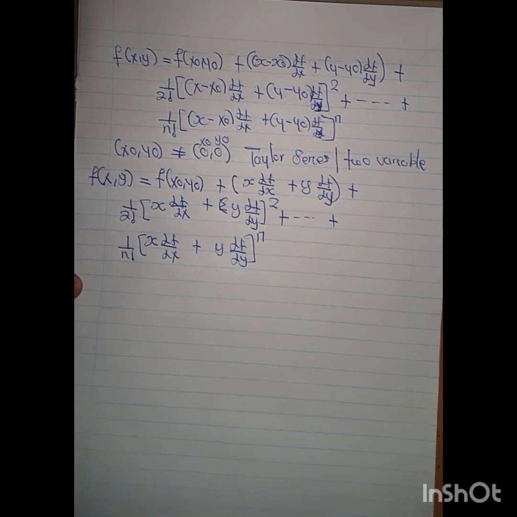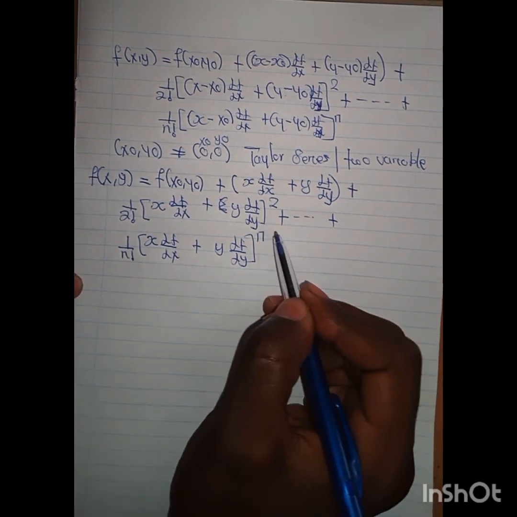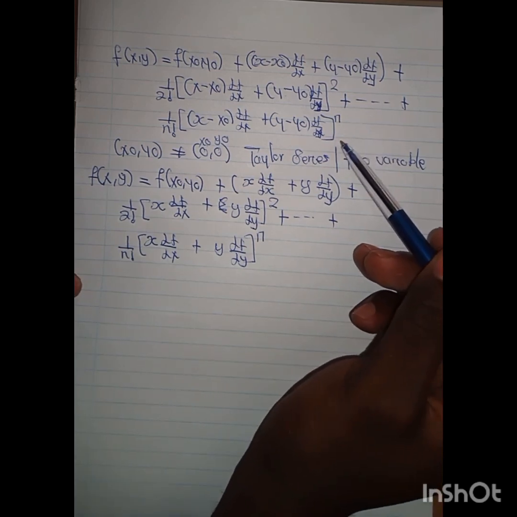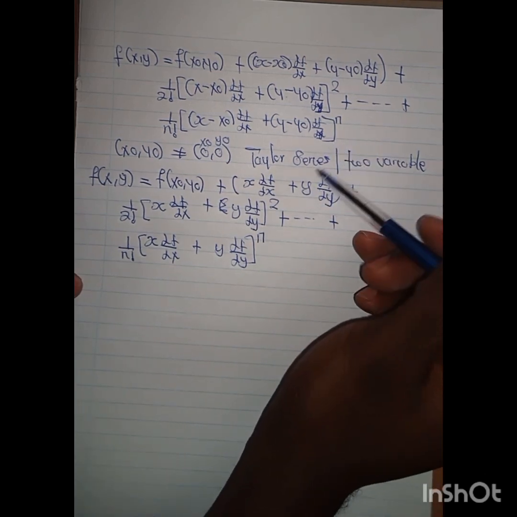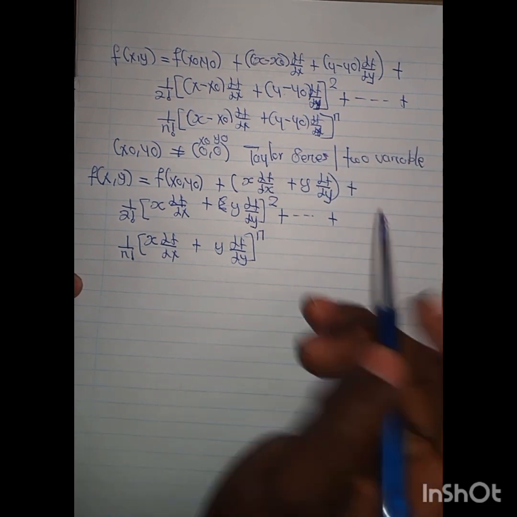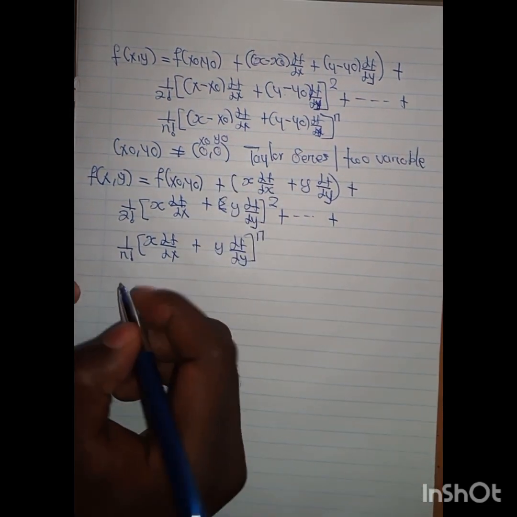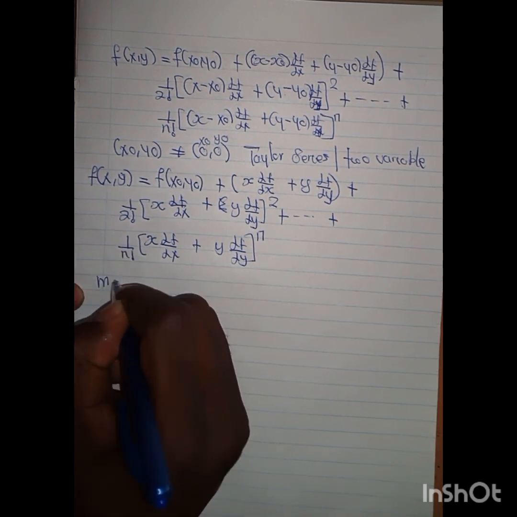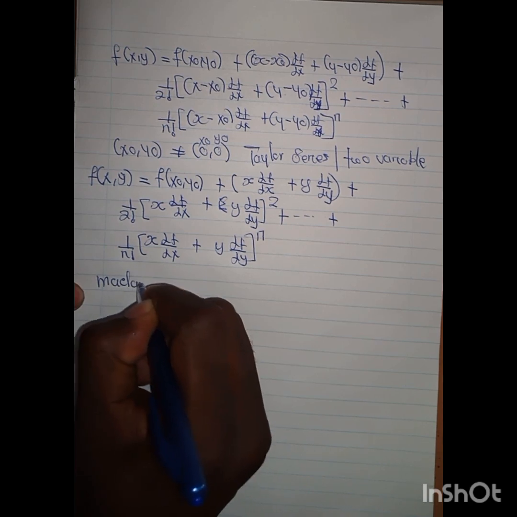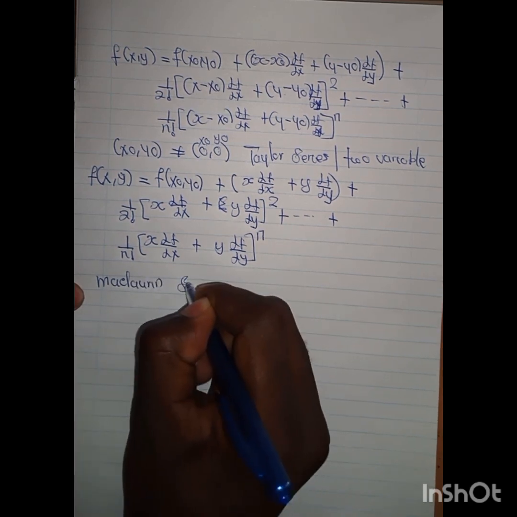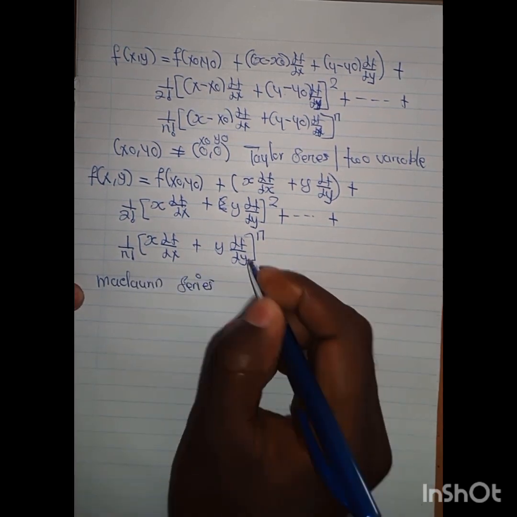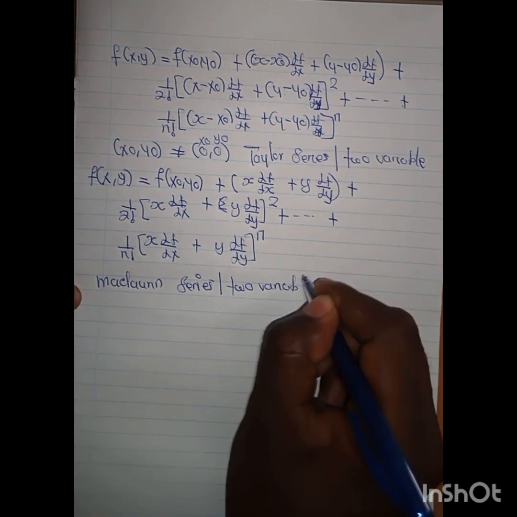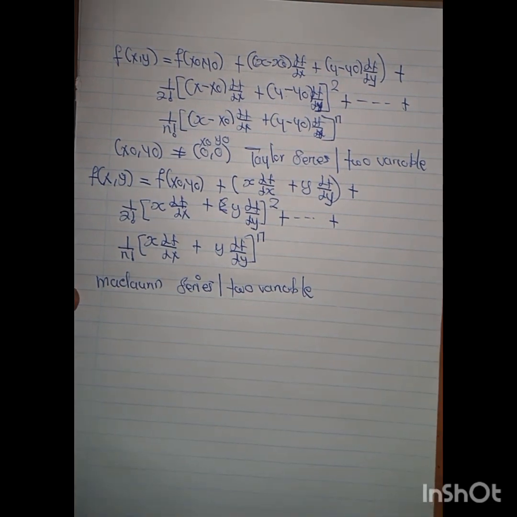Then when we look at this formula which we have here, it is no longer a Taylor series, but we can call it a Taylor series in the form of a Maclaurin, because the origin now is situated at point 0 and 0. So we have formulated the Maclaurin series with two variables.